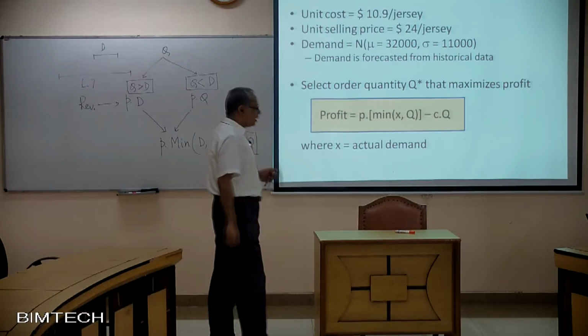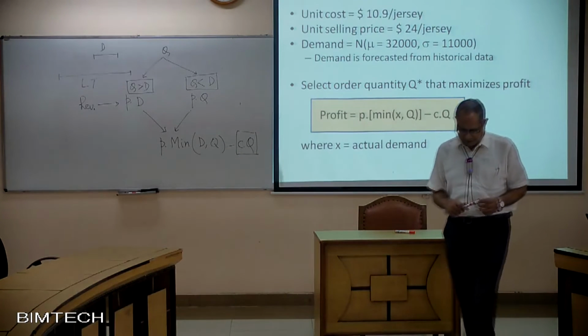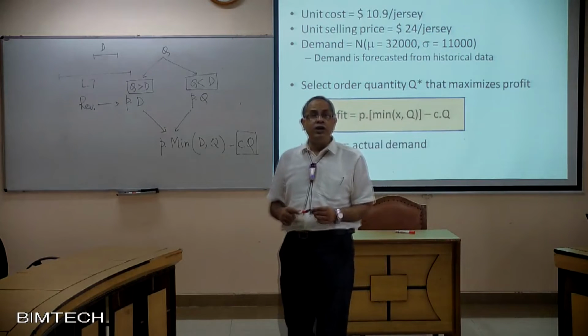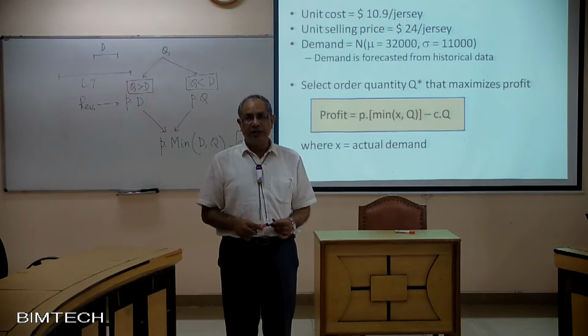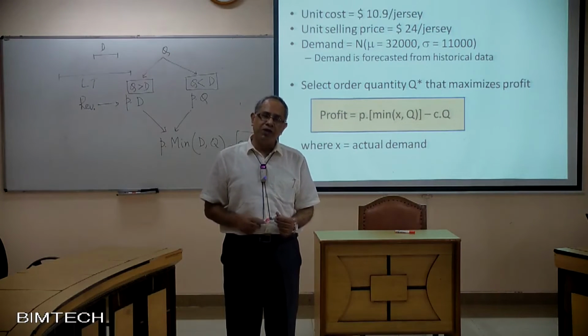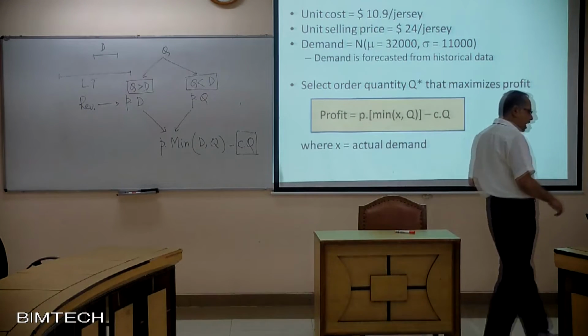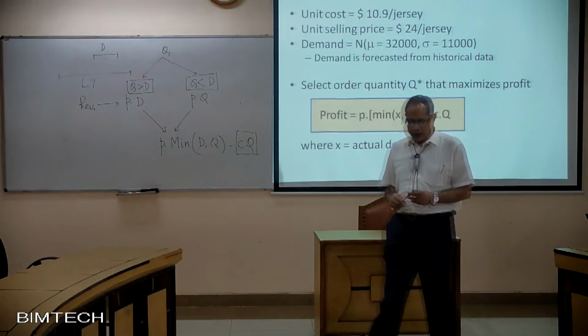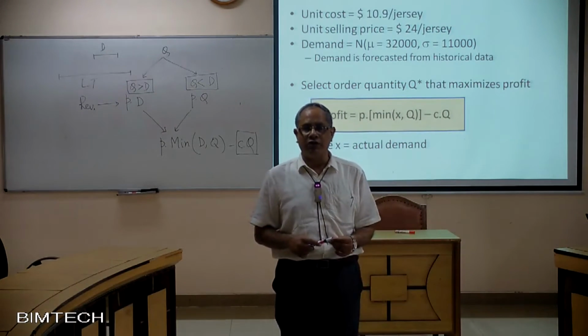Okay, so given this understanding of profit, we are going to calculate or estimate the optimal quantity that we must order. And how do we do that? I'm going to use a method for determining the optimal order quantity.